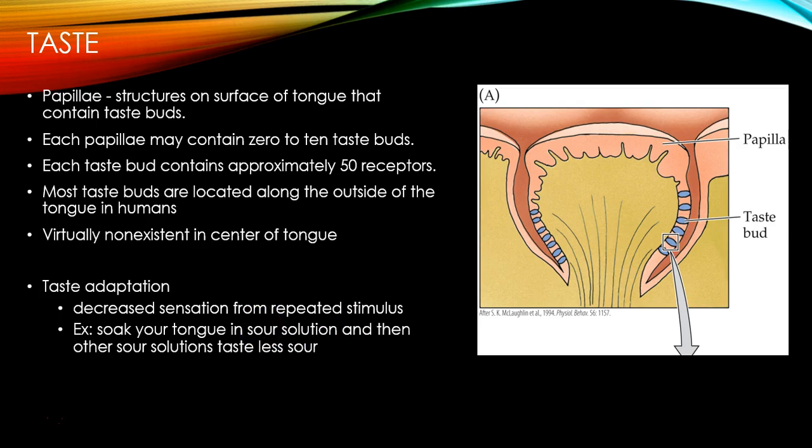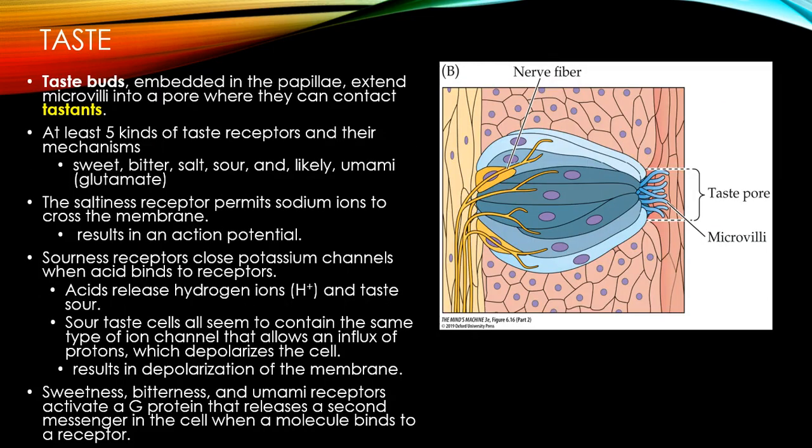And then if you keep tasting that same sour thing over and over, it doesn't taste as sour anymore. The first time you taste something very salty, again, you get that very strong sense of salty flavor. And then if you keep eating that same thing over and over, it tastes less and less salty. That's the idea of adaptation.